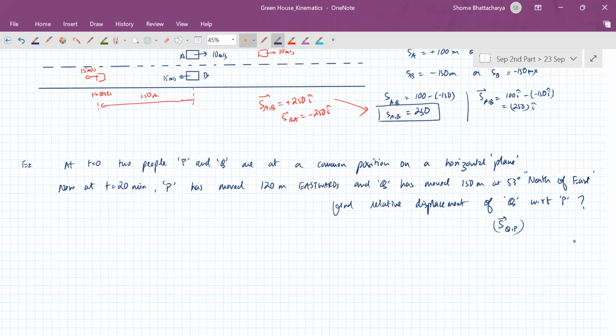You can draw a vector diagram also to understand this better. So convert the given information, which is in terms of magnitude and angle, or direction, into vectors in component form. It will be easier to solve.